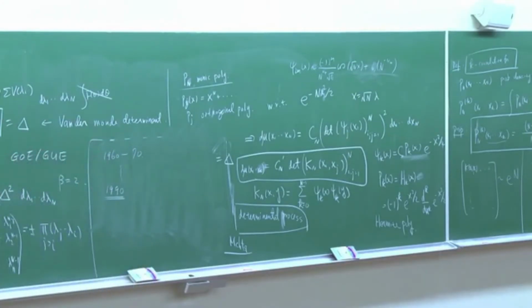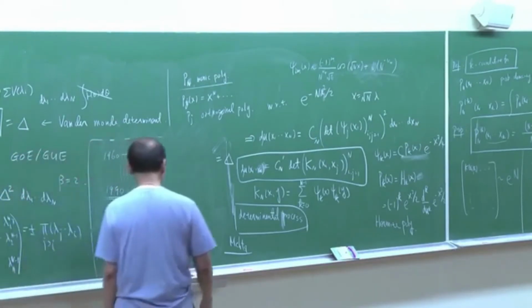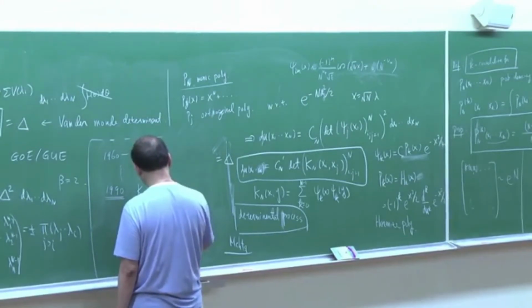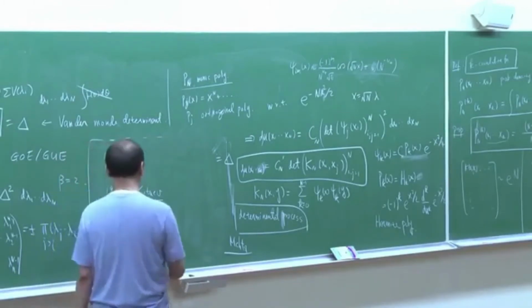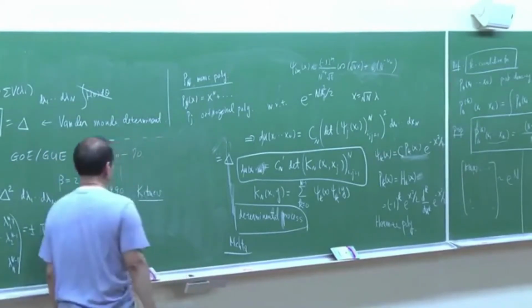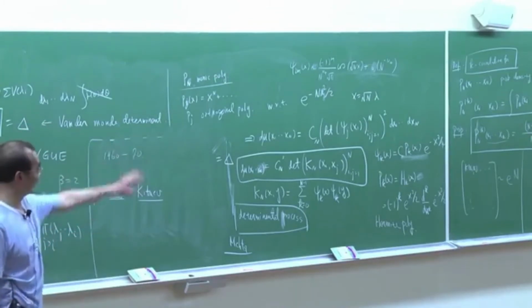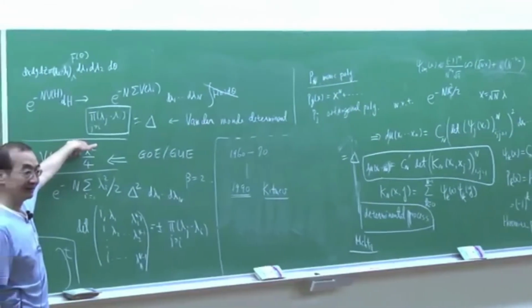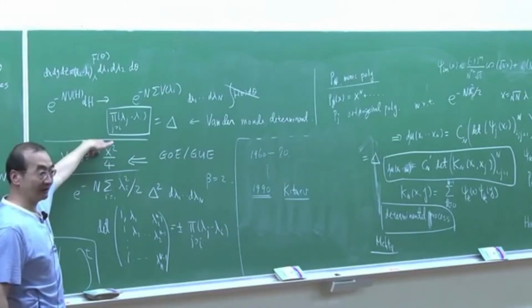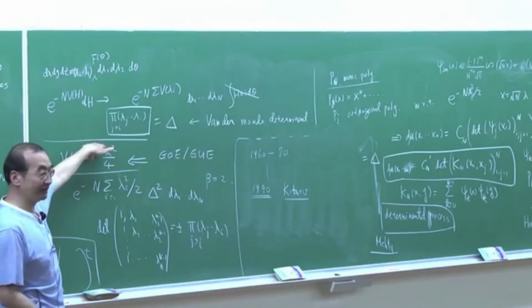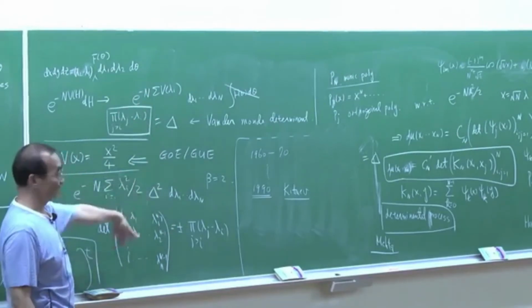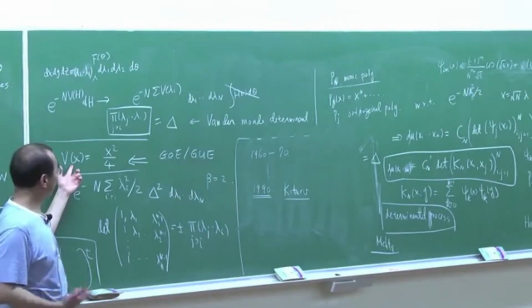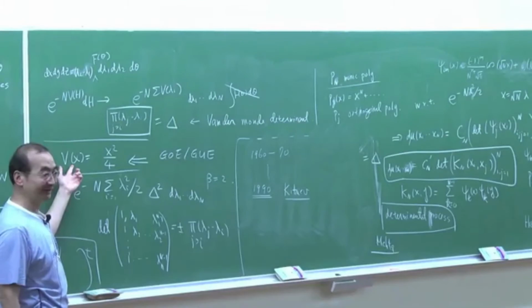In 1990, there is a guy, Kitaev. In my opinion, he's a genius. If you look at this calculation I just did on the blackboard, where do I use that V of x is Gaussian? Where in this whole proof is the Gaussian property used crucially?